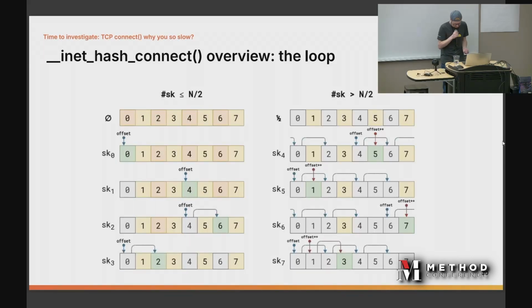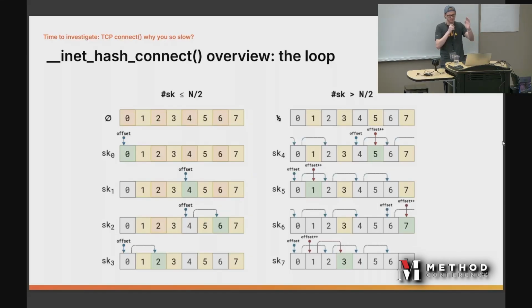So how does this loop actually work? The interesting thing is it splits your ephemeral port range in half. And in our case, whenever we open up a new connect, it starts at an even port. This is very important. It starts at an even port, and this is only because our port range starts as an even number.